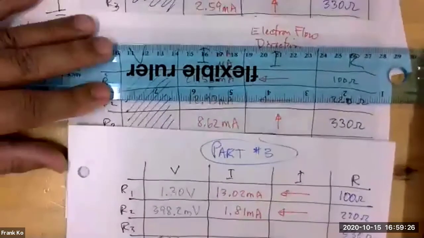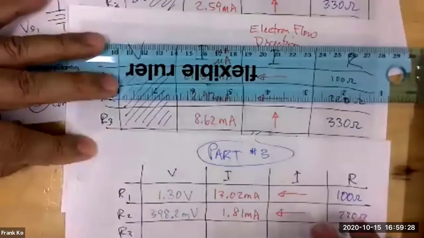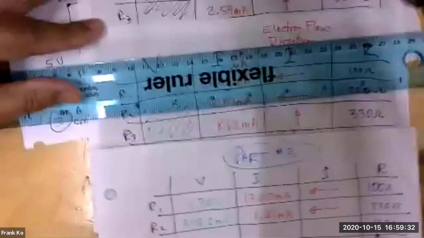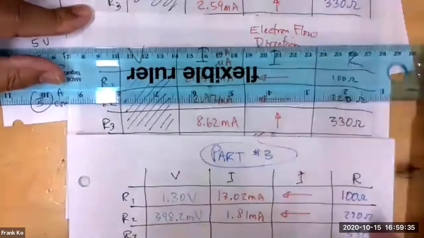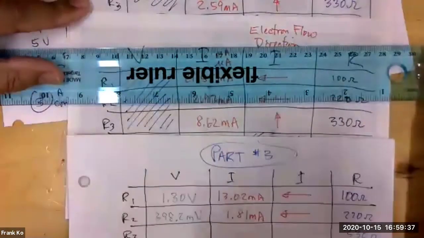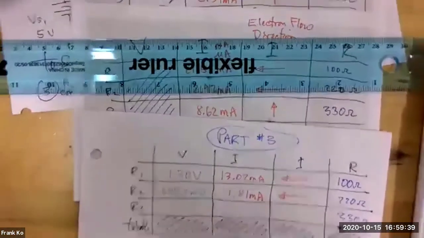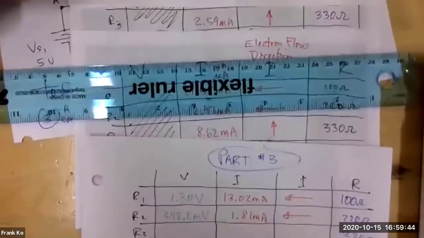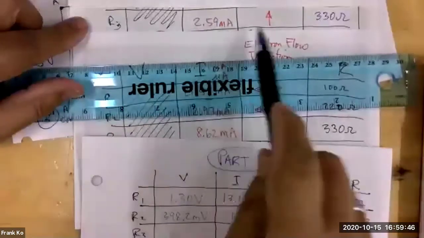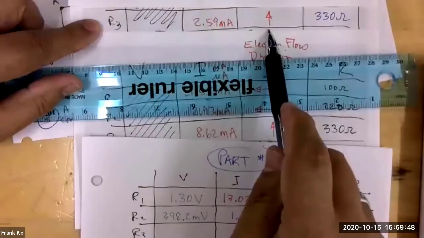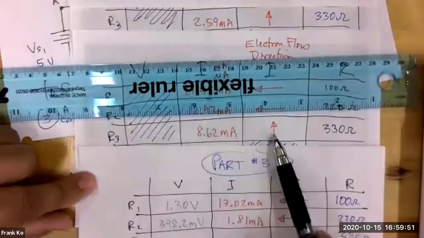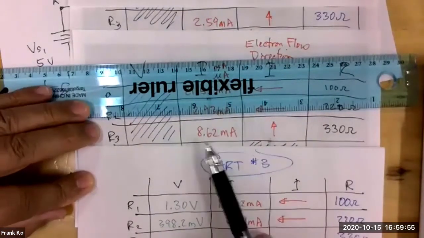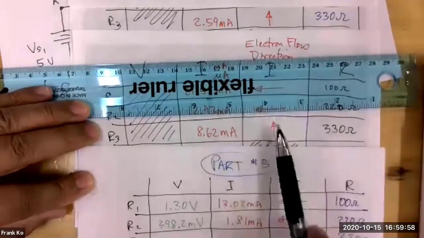From one part of our analysis, we have a current moving upwards through R3, and then we have another current moving upwards through R3. In both instances, they're moving upwards.